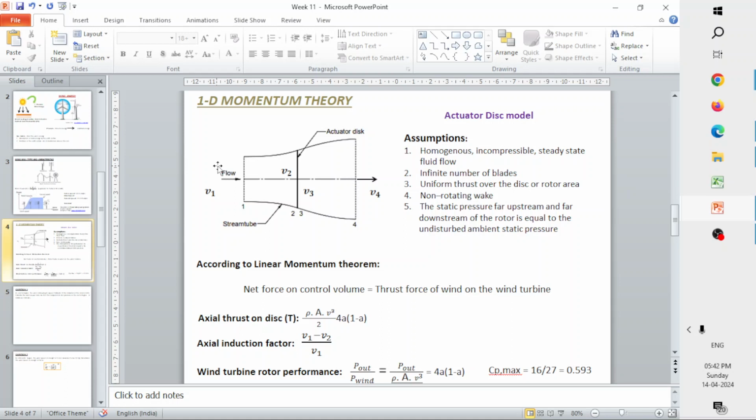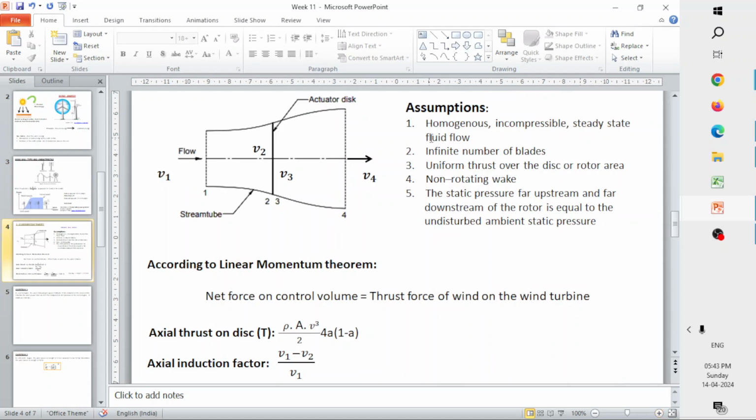So based on this assumption of your rotor as an actuator disk model, he used the linear momentum theory. And in this linear momentum theory, there were a lot of assumptions. So if you carefully see here, the first assumption was that the airflow was supposed to be homogeneous, incompressible.